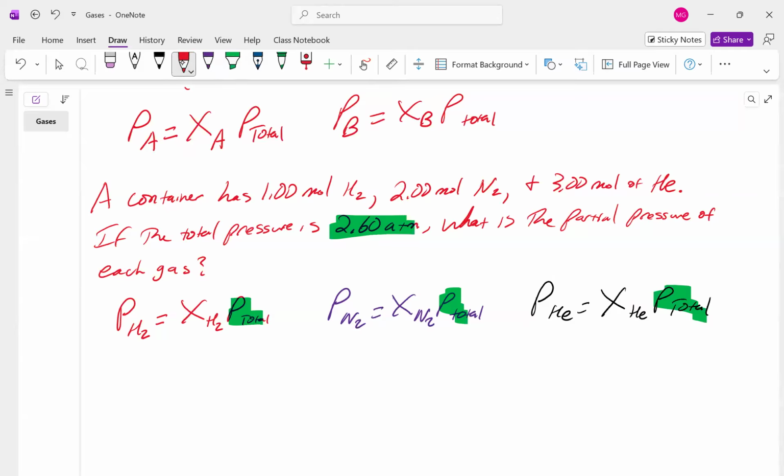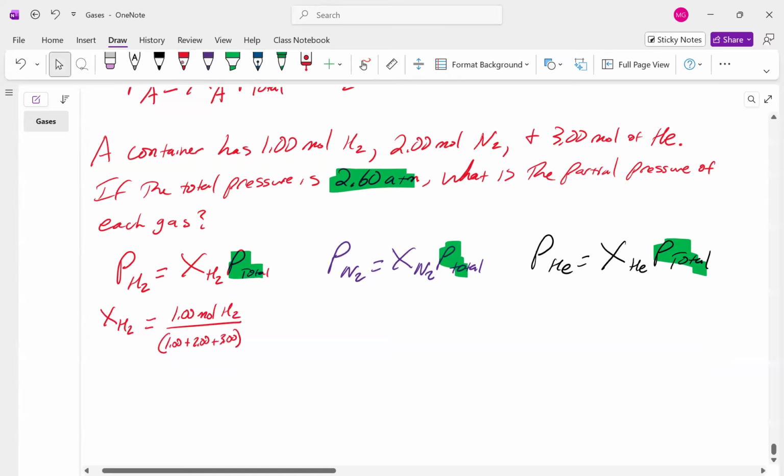So let's do this for hydrogen. The mole fraction of hydrogen is equal to the moles of hydrogen, well, I got 1 mole of hydrogen here, divided by the total moles. Well, what is my total? 1 plus 2 plus 3. All right, that comes out to 0.167 as my mole fraction.